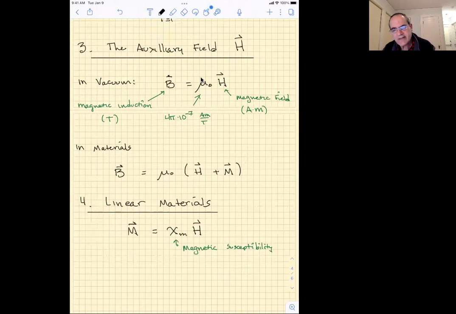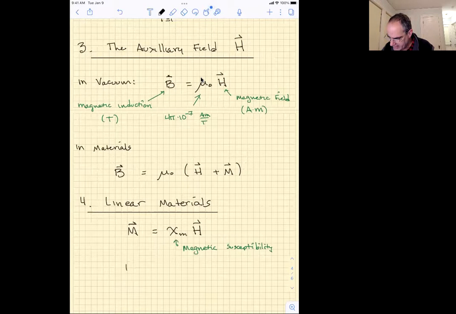In electrostatics, it was D that was multiplied by the dielectric constant times the electric field. But here, it's the other way around. Okay? In any event, M is proportional to H in linear materials.